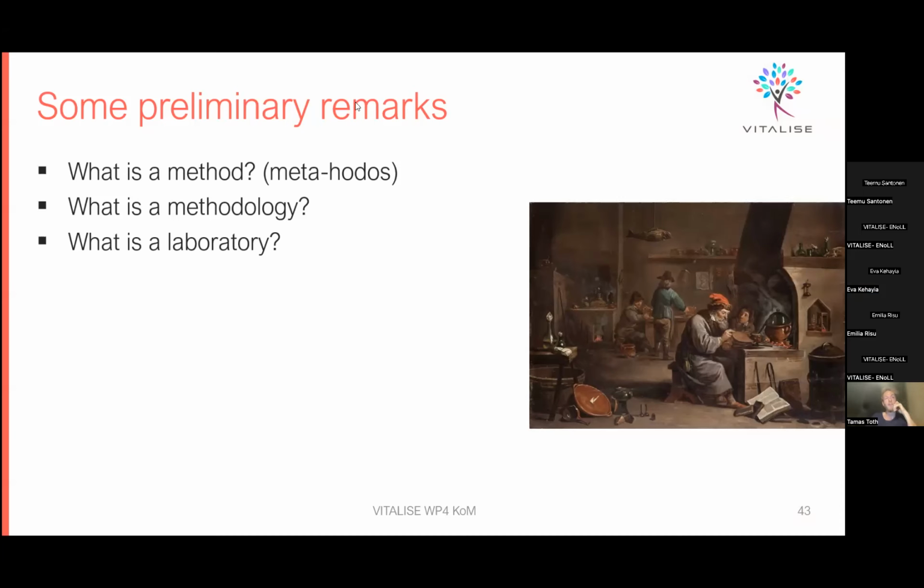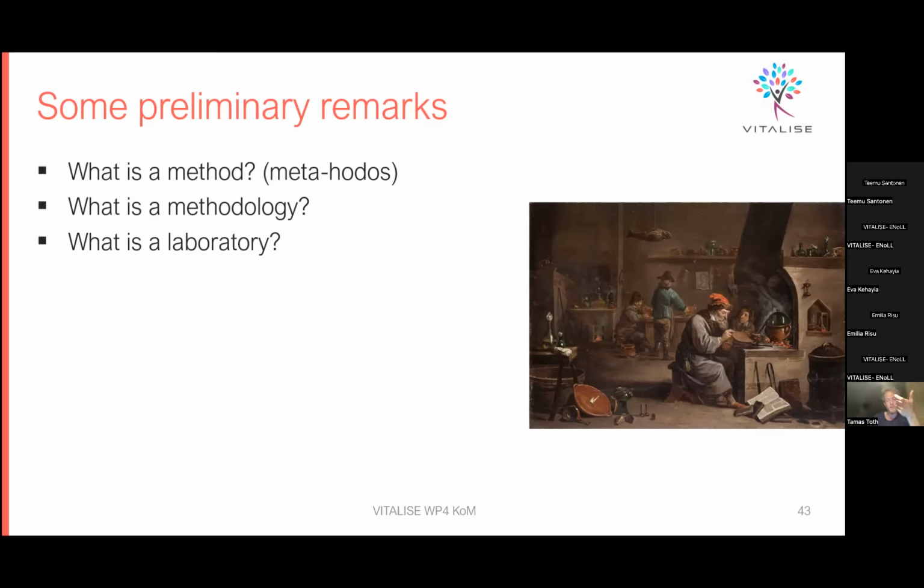The first one is: do we really know what a method is? Because if you look through the research papers concerning research in living labs, you very often come to this common Merriam-Webster definition, which defines method as a procedure or process for attaining an object or accomplishing a certain task or achieving something. So it's always a goal-driven notion or concept, but I don't think that it is necessarily so, because if you look at its Greek origins, you see that it is composed of meta and hodos.